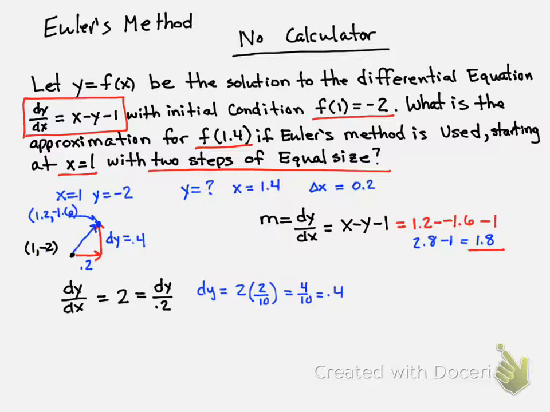So now from this point over here, I'm going to go over another 0.2 in the x and up a dy or delta y that I'm not sure about, but I know that again dy/dx will equal 1.8. The dy is the thing that I'm wondering about, and the dx is that 0.2, or I'm going to write that as the fraction 2/10.